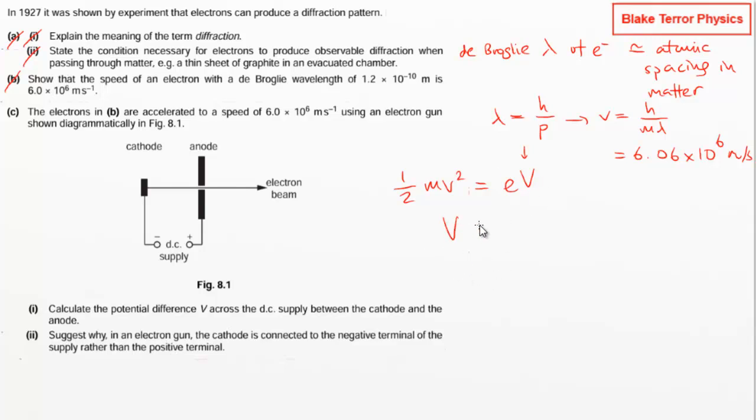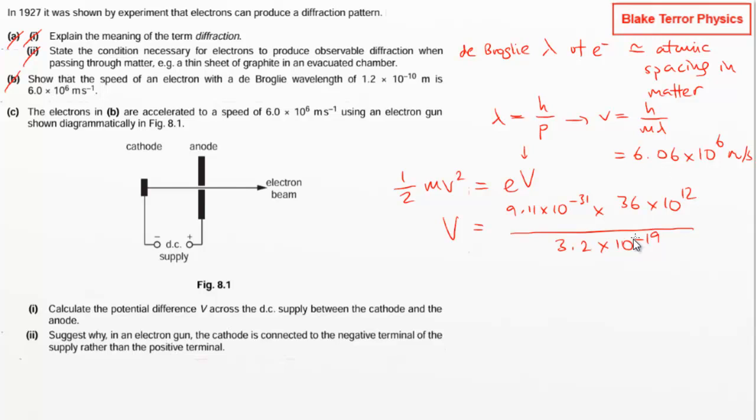So the PD that we want, a capital V, is then going to be, so we've got the mass of the electron, 9.11 times 10 to the minus 31, multiplied by the speed squared, so 36 times 10 to the 12. And then we've got to divide by 2 lots of the charge on the electron, so 3.2 times 10 to the minus 19. So, what's that going to come out as then?